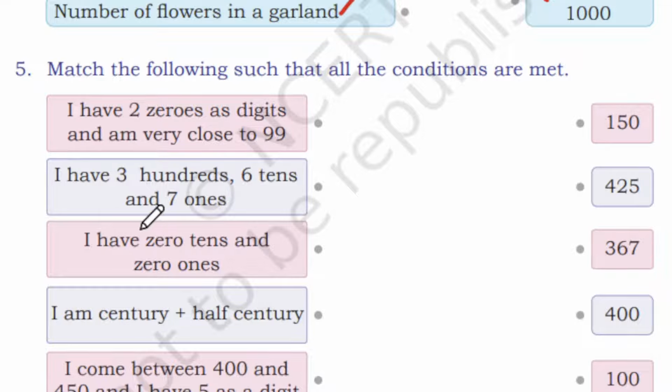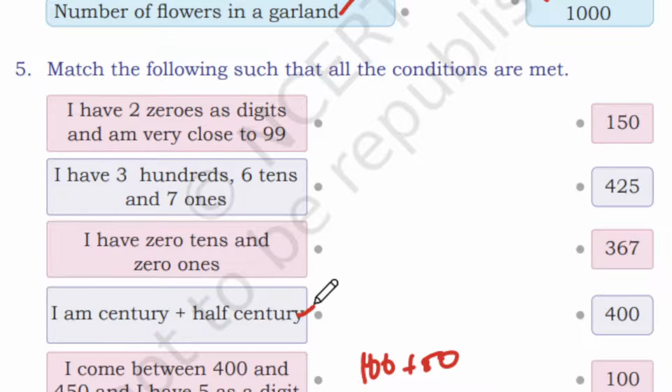So first, let's see, I am century plus half century. We all know century is 100, right? So century is 100, half century is 50. So 100 plus 50 is 150.